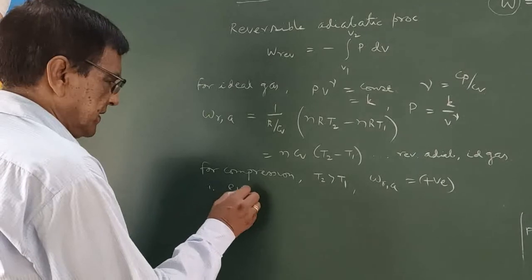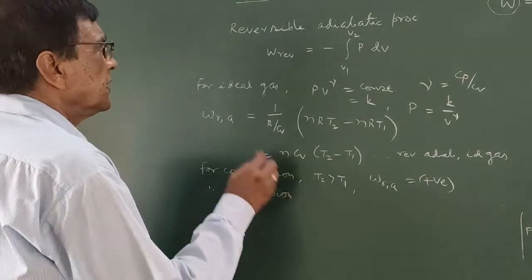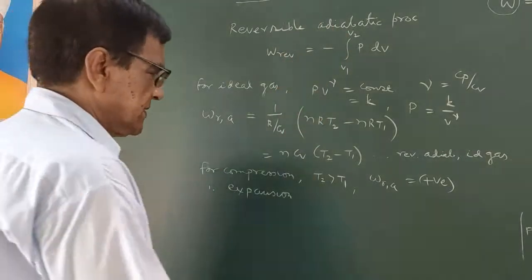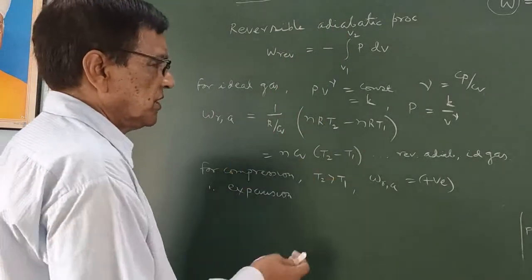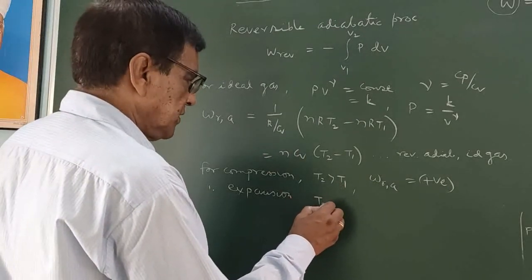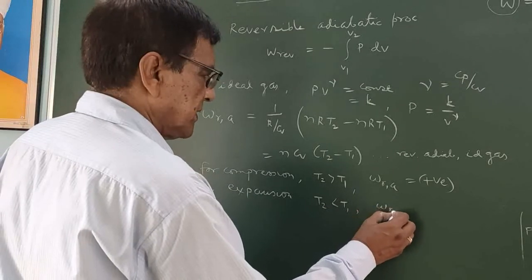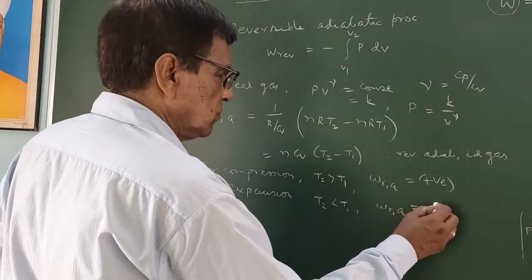For expansion of this gas in a reversible adiabatic process, whenever expansion occurs there is a fall in temperature. So T2 is less than T1, and W reversible adiabatic is equal to a negative value.